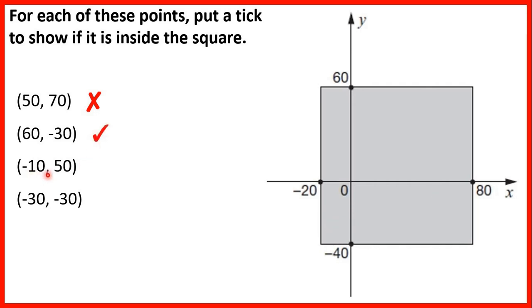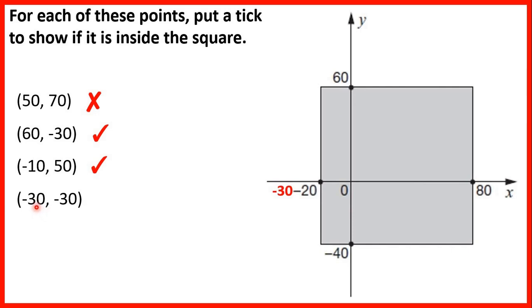Now minus 10 as our x-coordinate will be inside the square because that's between 0 and minus 20, and then 50 as our y-coordinate will be inside the square as well because that's less than 60. So we'll have our point at about this point here, so that will be inside the square.